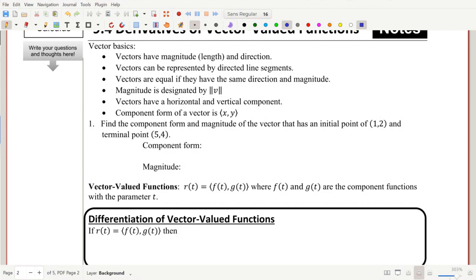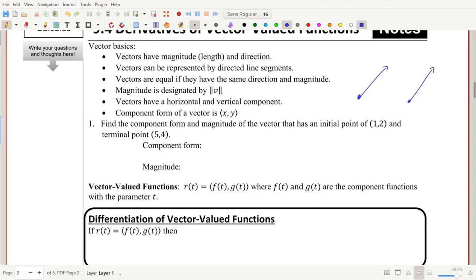So the thought process there is, and this is a behind the scenes difference that we don't really need to worry about, but for a vector, the starting point doesn't matter. So if I draw two lines that are as identical as I can do by hand, and I didn't do that bad, if those directed lines are the same length and going in exactly the same direction, they are the same vector, even if they are in different places.